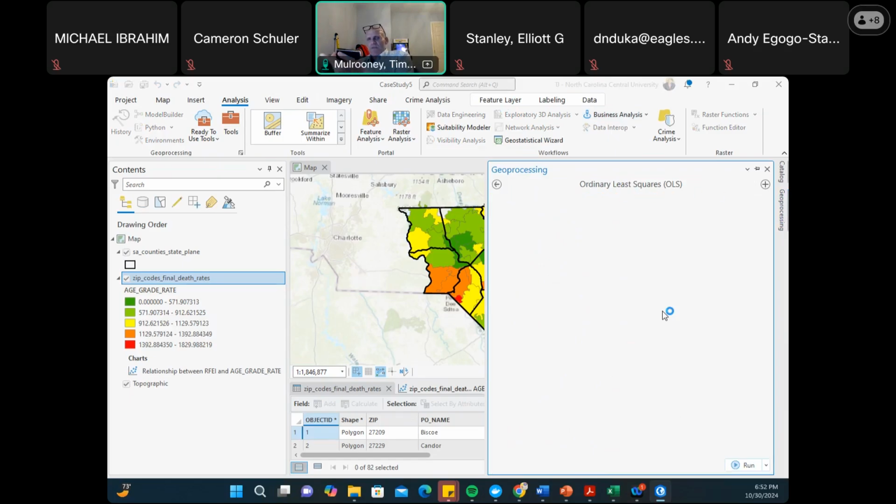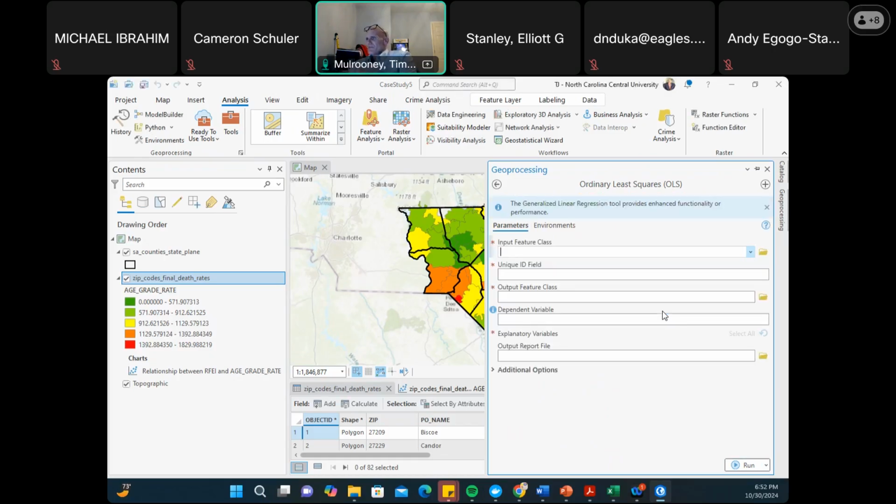That just might be one variable versus another variable, but that we did right here. As you notice with the new iterations of ArcGIS Pro, they're always adding more and more new tools. That's pretty neat. All right, so we got OLS. The generalized tool provides enhanced functionality. Okay, cool.